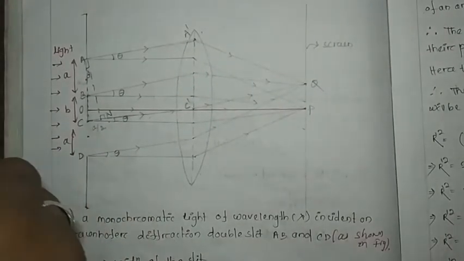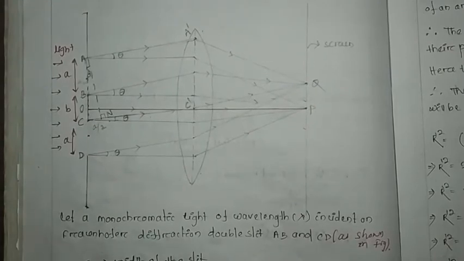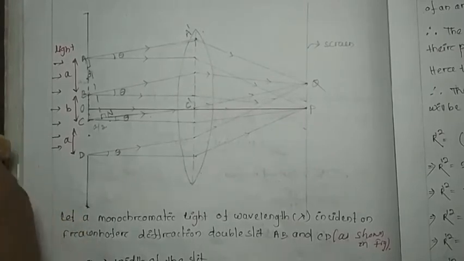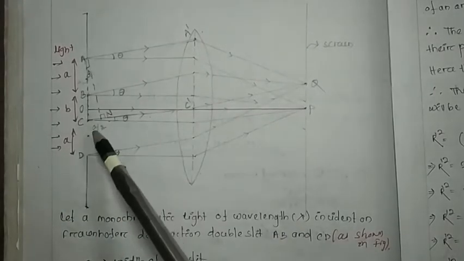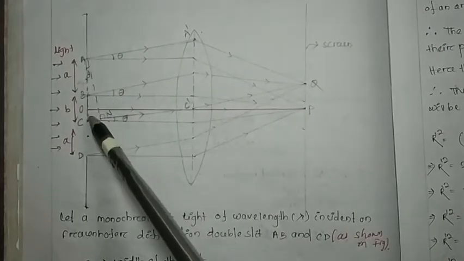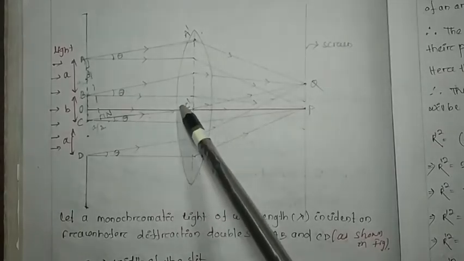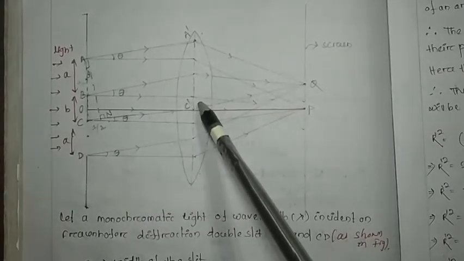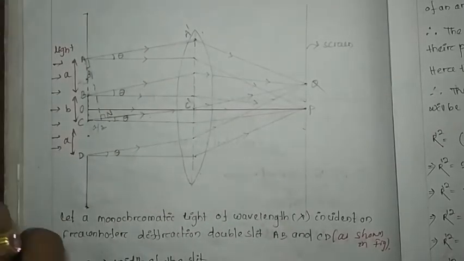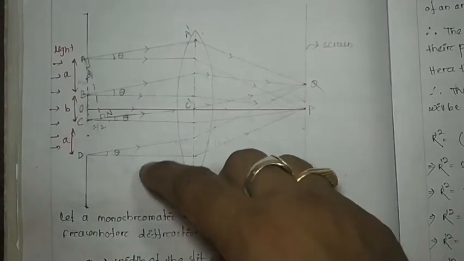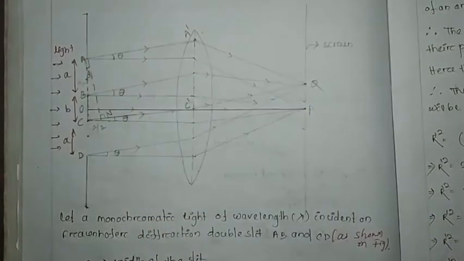As shown in the figure, on CC dash we have drawn a perpendicular AN.